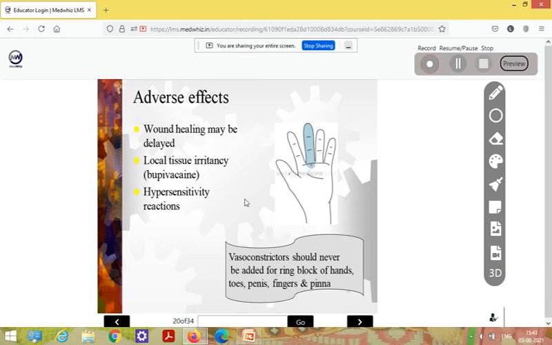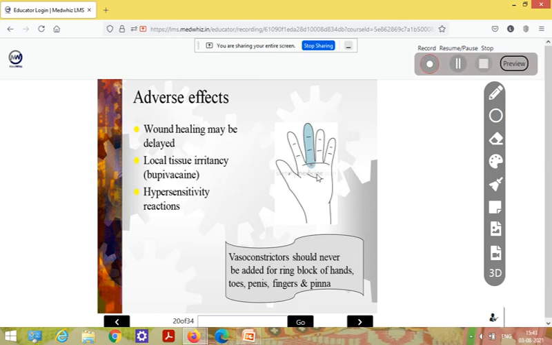End arteries are where you don't have any kind of anastomosis happening. So they are the crucial vessels which are needed to prevent ischemia of the supplied area, isn't it? So in that case, if you give a vasoconstrictor, what is going to happen? Ischemic changes are going to happen. So never use a vasoconstrictor when you're giving it for end arteries.